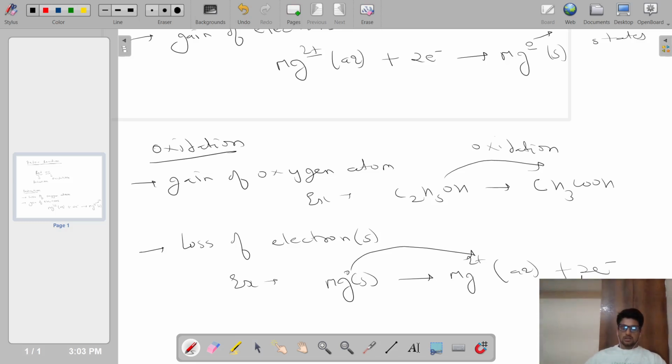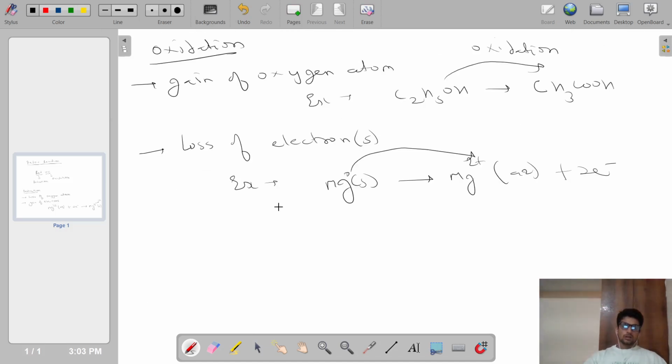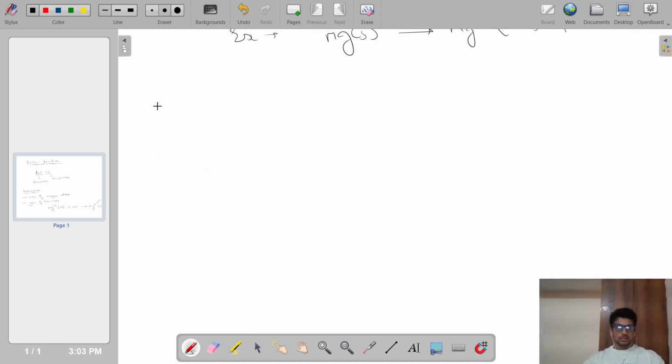So in oxidation, there is always a loss of electrons. And these are the electrons that flow through the circuit and go to the reduction side, where reduction of these species happens. So it's not like electrons are coming from somewhere else. In an oxidation reaction, electrons are generated and those electrons go to the reduction place and their reduction happens.